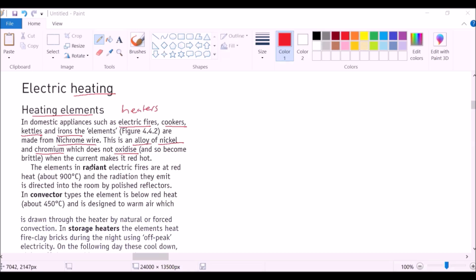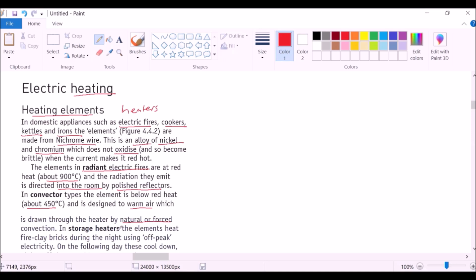The elements in radiant electric fires are at red heat at about 900 degrees Celsius, and the radiation they emit is directed into the room by polished reflectors. In convector types, the element is below red heat at about 450 degrees and is designed to warm the air, which is drawn through the heater by natural or forced convection.